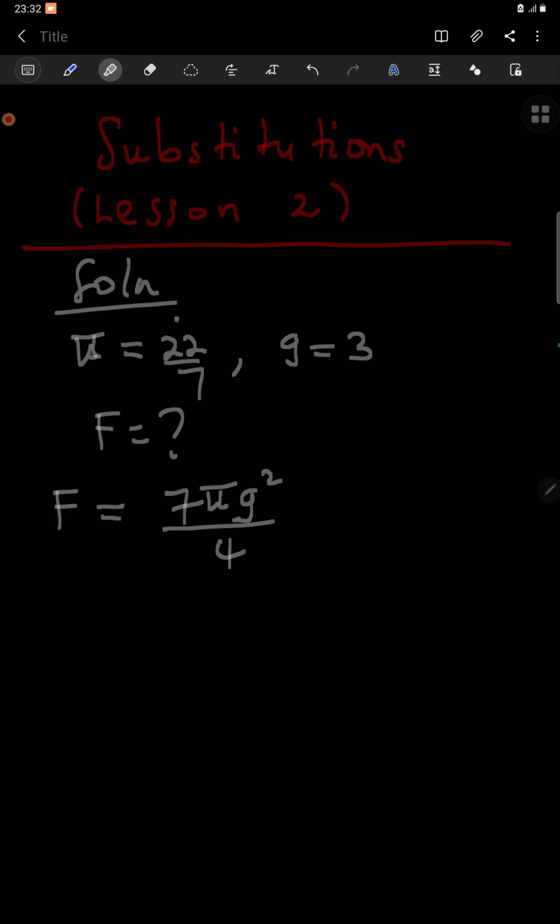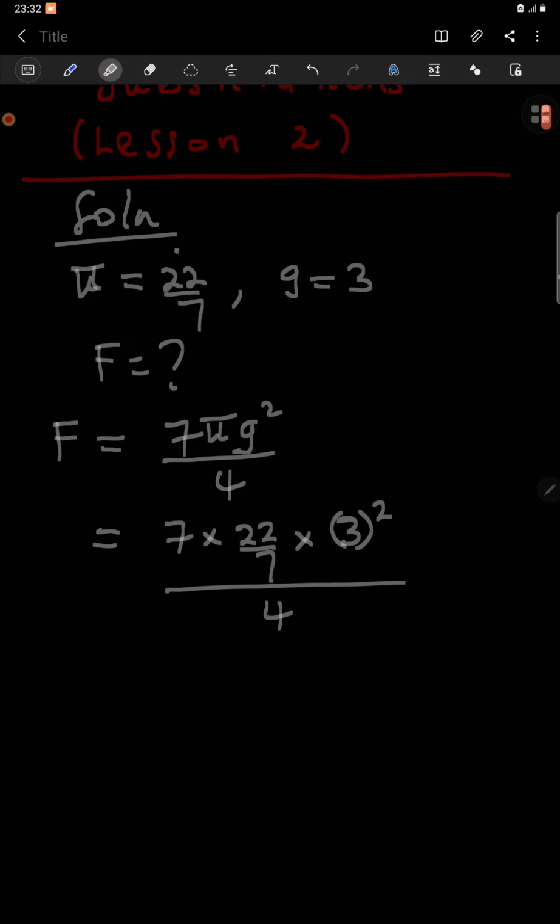So it's a matter of substitution, just as the topic depicts. So 7 times the pi has been given to be 22/7. The g is squared. So I square it, I divide everything by 4.